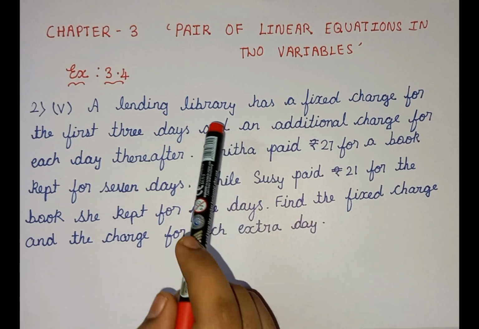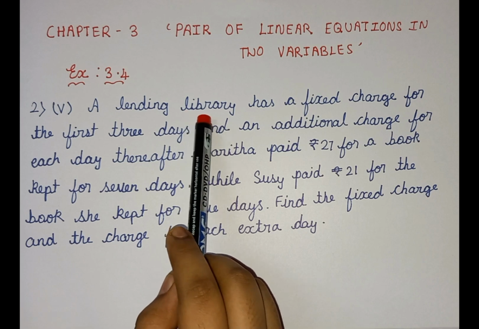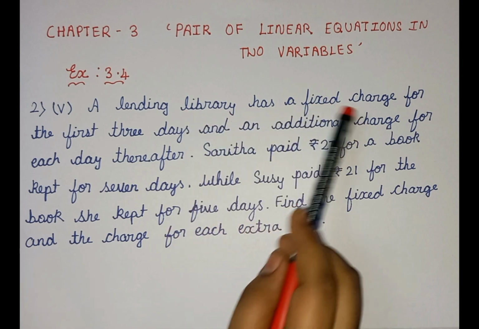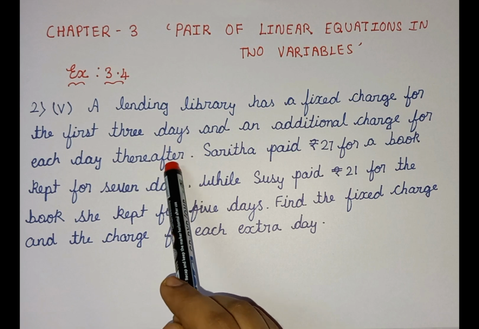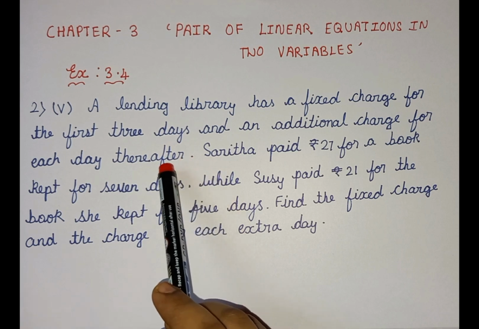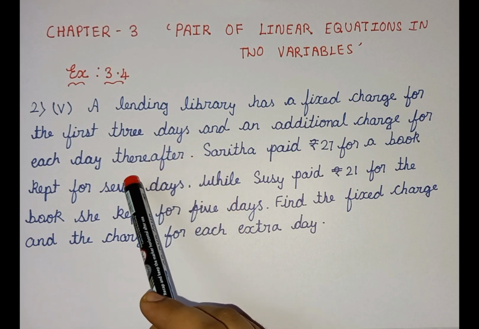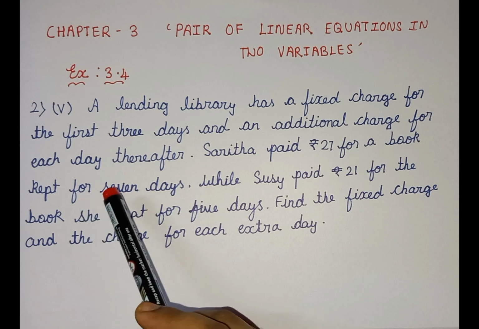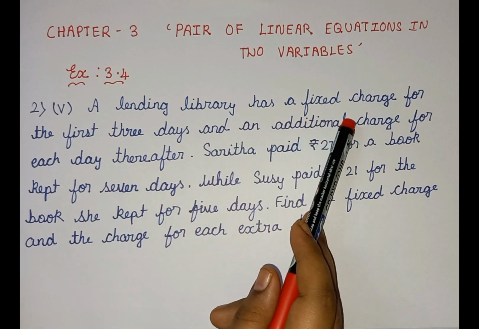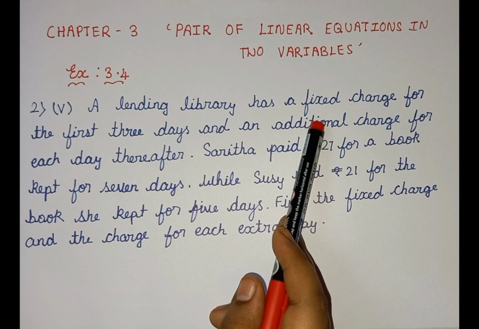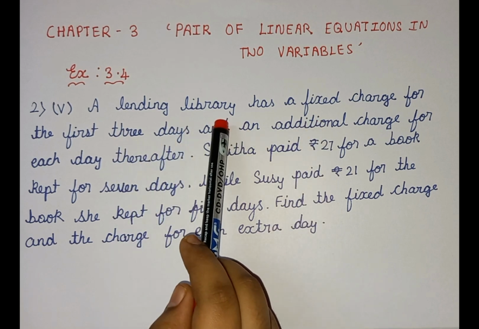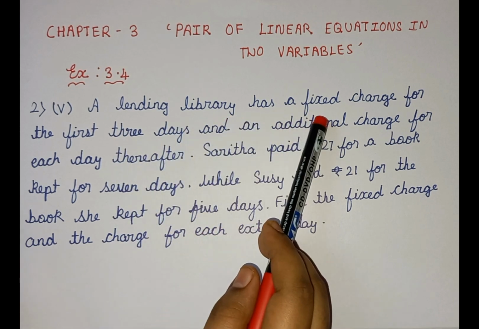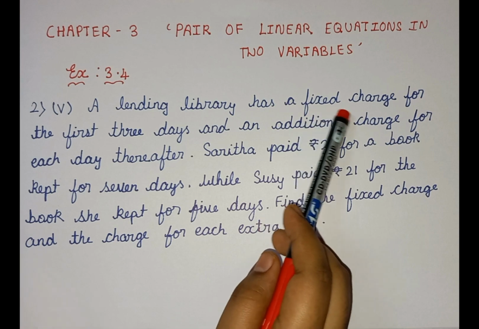Okay, so there is a library. In that library, there is a fixed charge for the first 3 days. That means if we just take a book to our home, we have to pay a fixed charge. Why? Because we are just taking that book, isn't it? So whenever we take a book from the library, we are supposed to pay some amount, that is the fixed charge.